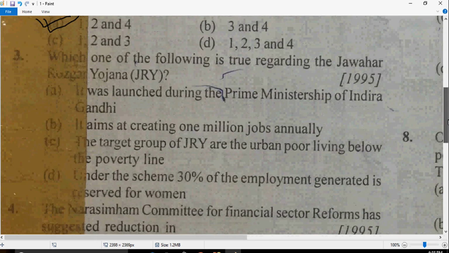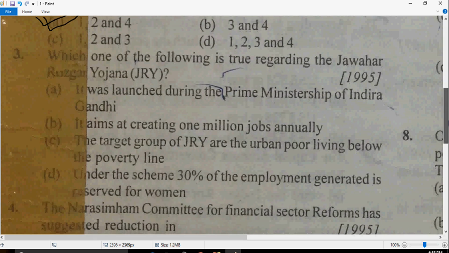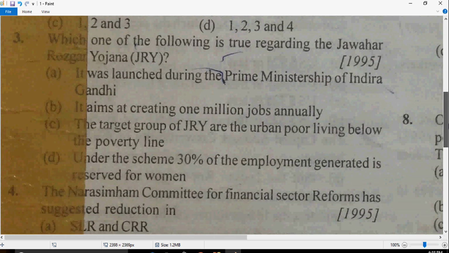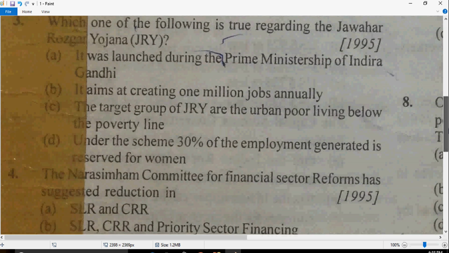Third question, which one of the following is true regarding the Jawahar Rozgar Yojana? There should be no doubt, as we know Jawahar Rozgar Yojana was launched in 1989 to provide around 100 days of employment to the rural unemployed. So does it aim at creating millions of jobs?